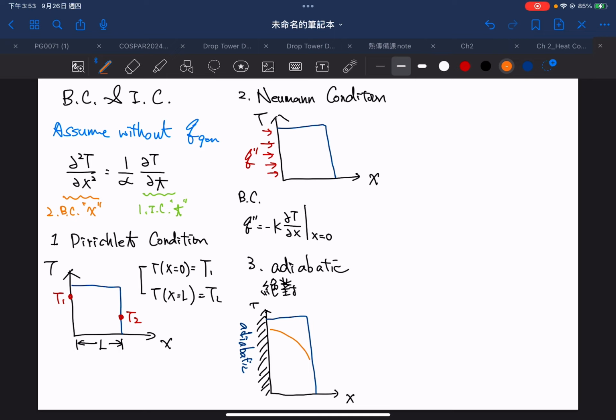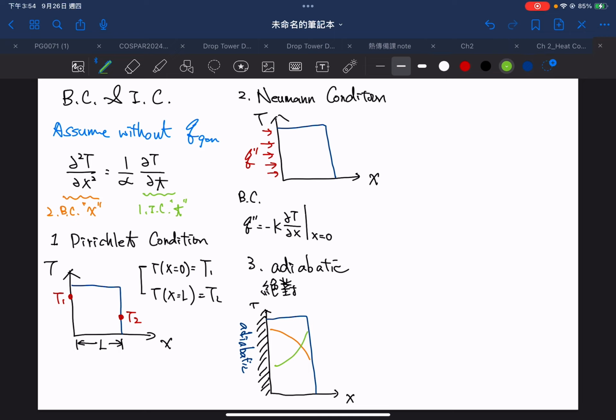For example, it cools down, or maybe it heats up. So far we don't know. Okay, but there's a very characteristic phenomenon in this insulating wall system: at the point of the interface here, the slope will be 0.